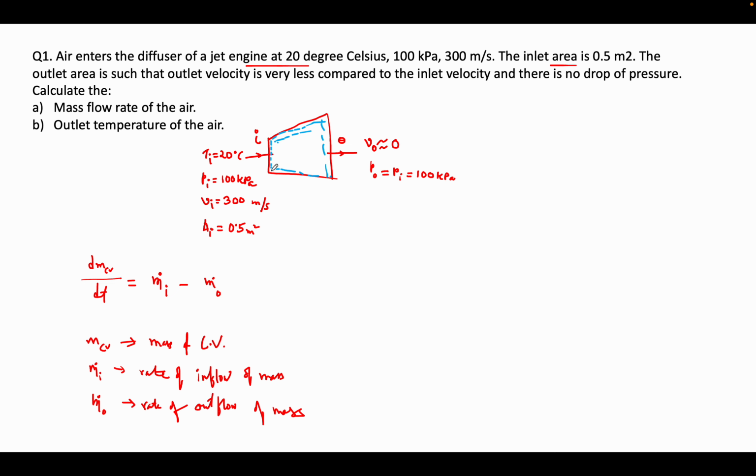Okay, so mi dot will be entering this side and mo dot will be leaving this side.